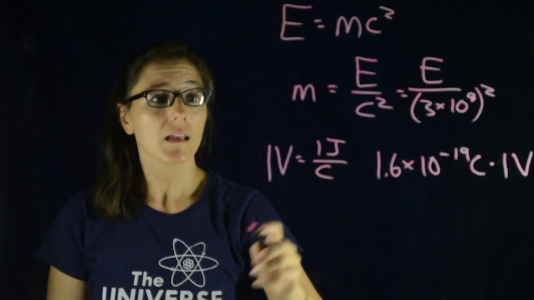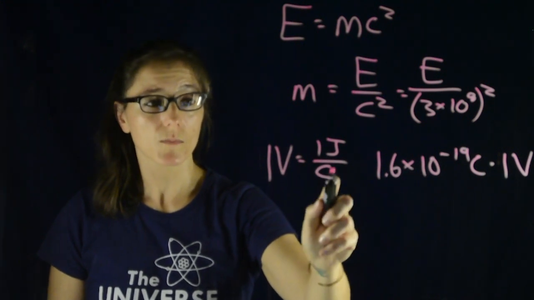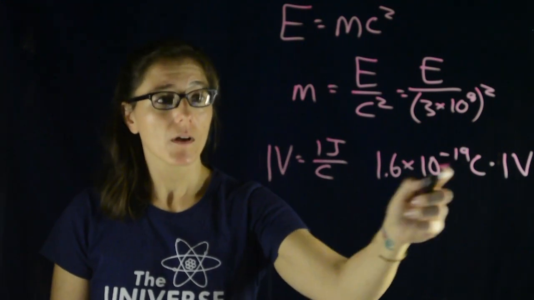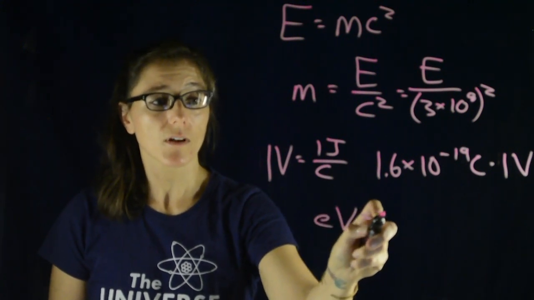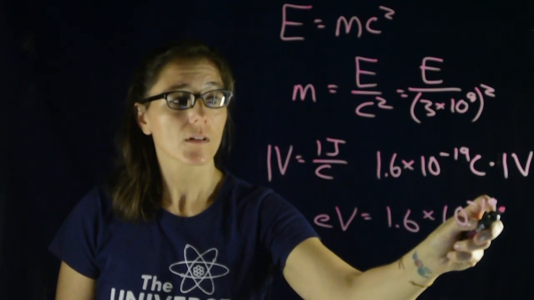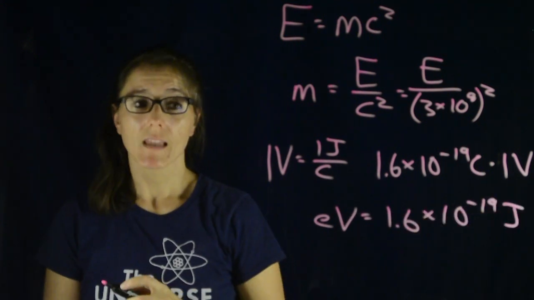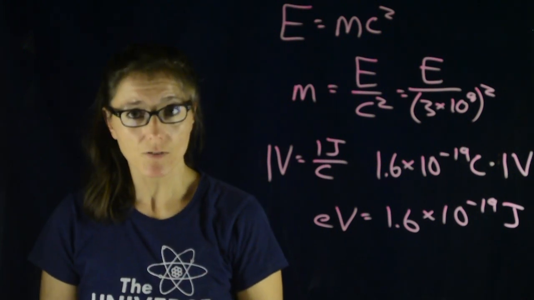We can see that if we multiply 1.6 times 10 to the negative 19th coulombs by a joule per coulomb, our coulombs will cancel, and we will in fact get an electron volt, what I like to call an electron's worth of joules. So a mega electron volt would simply be 1,000,000 electron volts, right?